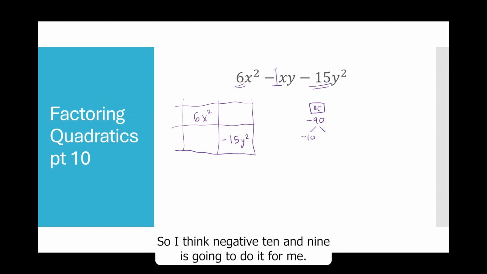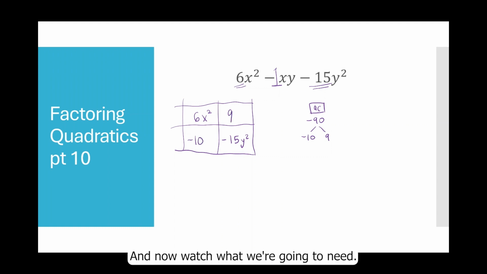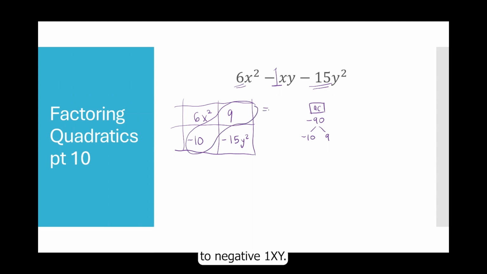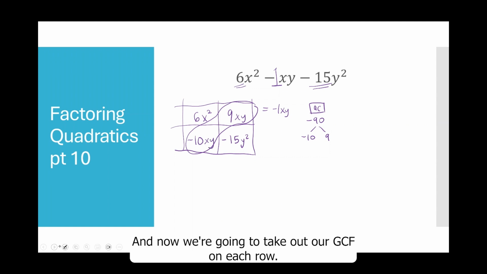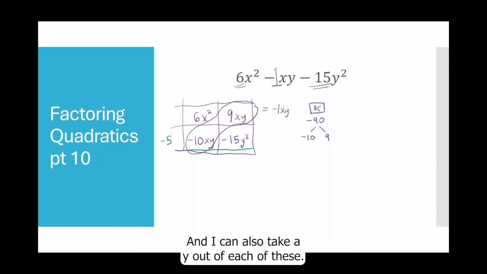So I think negative 10 and 9 is going to do it for me. And now watch what we're going to need. We know these have to add up to negative 1xy. So these are xy's. And now we're going to take out our GCF on each row. So here I can take out a negative 5, and I can also take a y out of each of these.